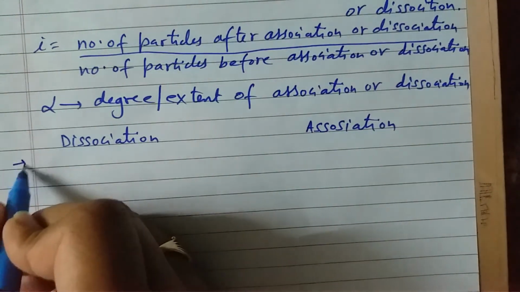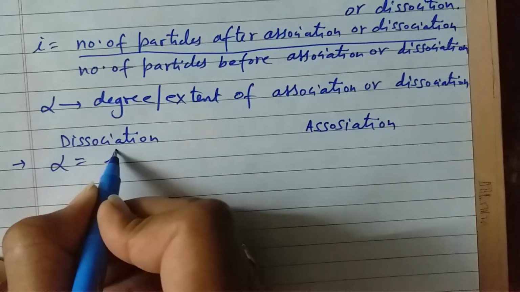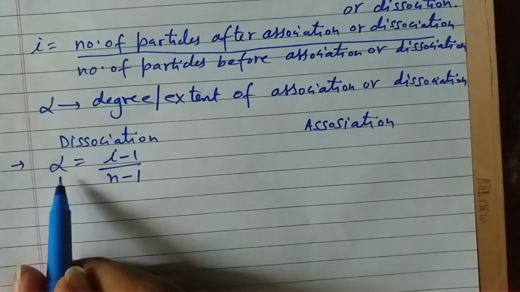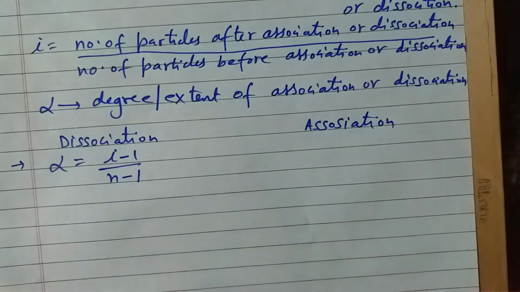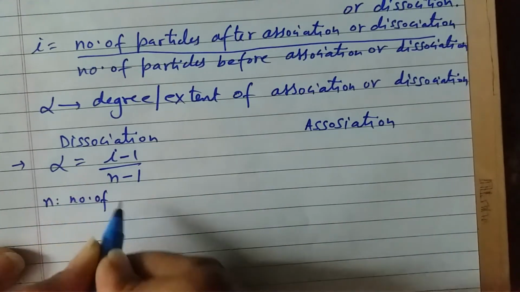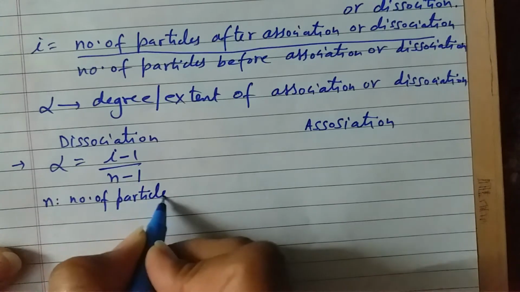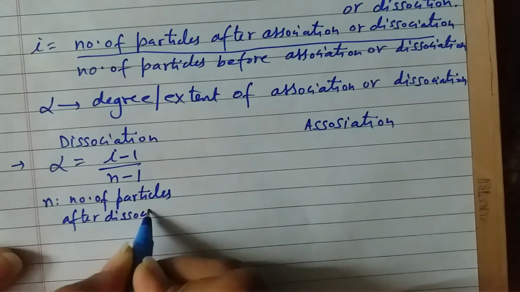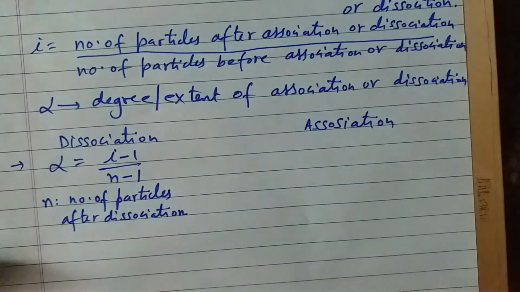In case of dissociation, alpha is equal to i minus 1 upon n minus 1. You know alpha already, it will be the degree of dissociation. i is the Van 't Hoff factor, and what is n here? n in this formula is the number of particles after dissociation. Like when KCl dissociates, it gives K+ and Cl-. So how many particles after dissociation? 2 particles after dissociation. So their n will be taken as 2.